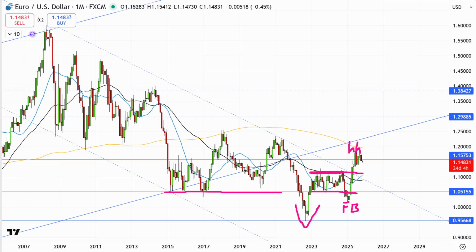So we've got a failure to come to the downside and then a break to the upside, confirming our first higher low in this sequence, and now a higher high here as well than the last lower high. So we've actually broken the sequence in technical analysis terms of these lower highs that were potentials as we were starting to come down in the back end of 24 and into the beginning of 25. The market failed to come lower. Then it's turned up. So here's our first higher low now in this sequence.